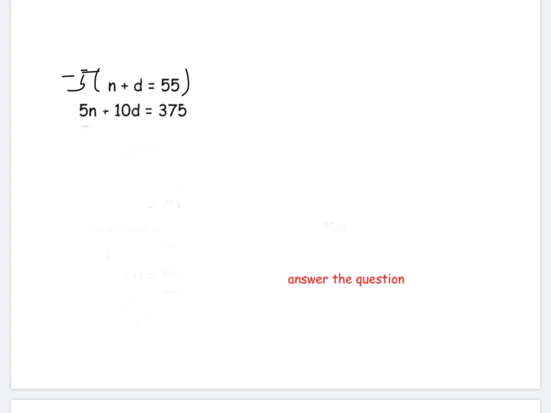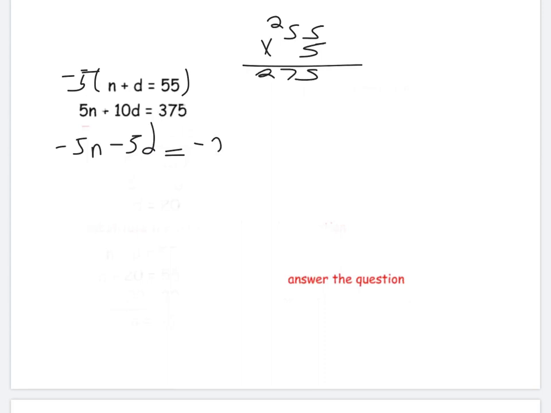So if I'm multiplying that top equation by -5, -5 times n is -5n, -5 times d is -5d, and then -5 times 55, first of all, a negative times a positive is a negative, and then if I multiply 55 times 5, right, 5 times 5 is 25, carry the 2, 5 times 5 again is 25, plus 2 gives me 27. So I have equals -275. And the bottom equation, I'm not doing anything to, so I have 5n plus 10d equals 375.